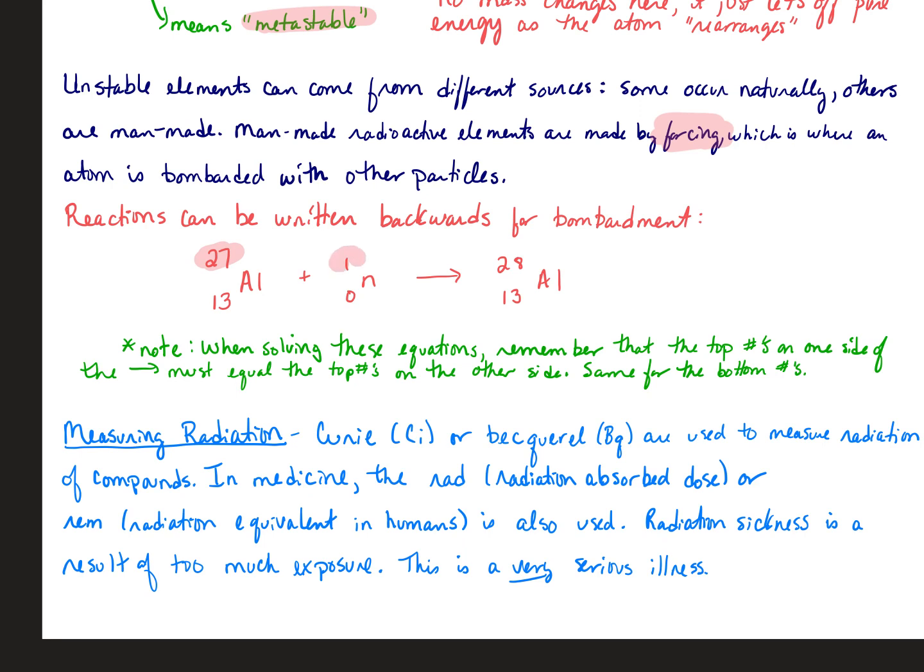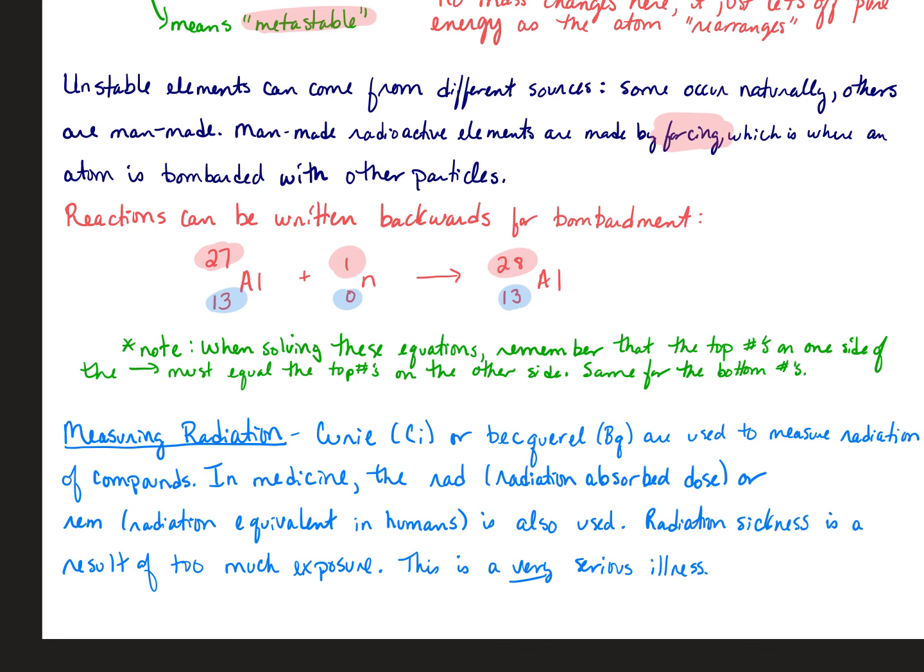If we bombard that aluminum with a neutron, we can end up with aluminum-28. Make sure that the top numbers add up when you're balancing these, whether it be on the right-hand side or the left-hand side because you're doing a bombardment, and make sure that the bottom numbers also still add up when you're balancing these.